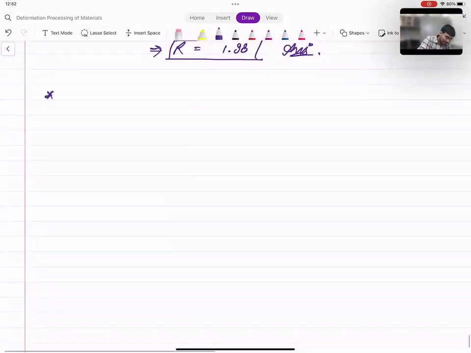So we will now see the forming limit criteria.